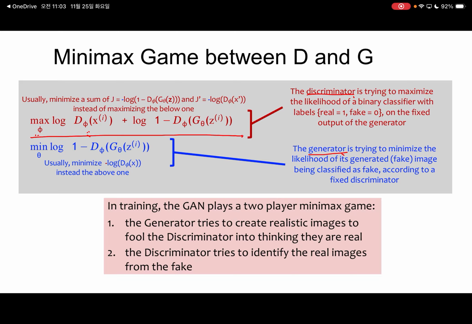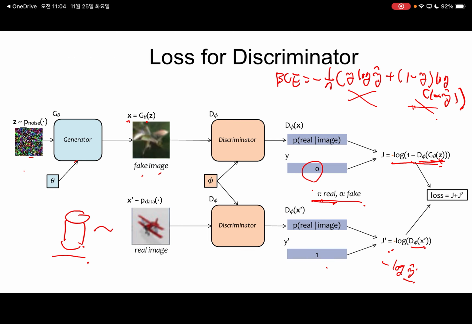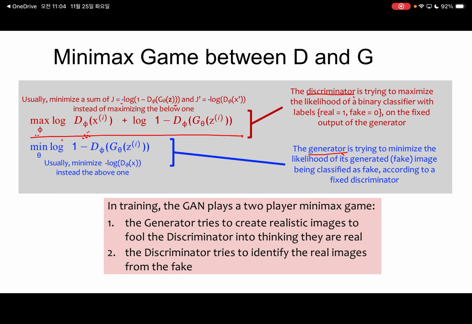But usually in practice, instead of maximizing a loss function, all these machine learning framework implementations are used to minimizing a loss function. So instead of maximizing this loss function, we use a simple math trick and minimize this one. This one is the same as in the previous slide: the first loss function for the generator, minus log 1 minus D phi G theta z, and the second loss function is minus log D phi x dash.